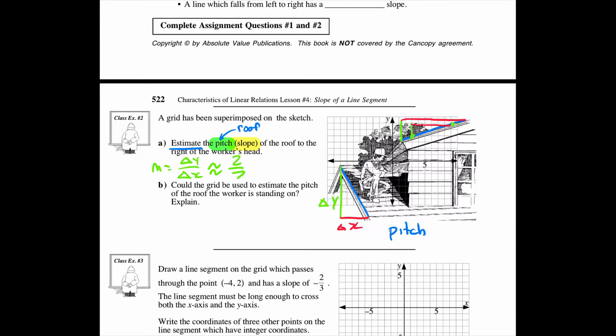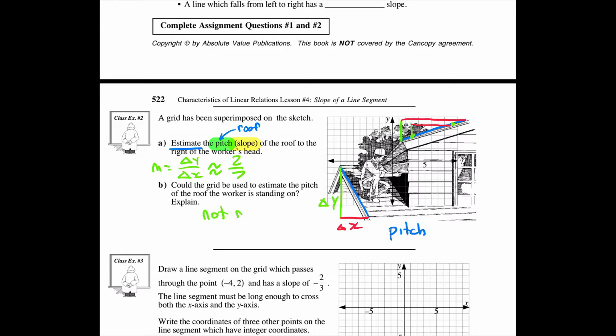And part B says, could the grid be used to estimate the pitch of the roof that the worker is standing on? It's even worse than the other one because, again, it's at a really bad point of view. The perspective that we're looking at it from would almost make it impossible.